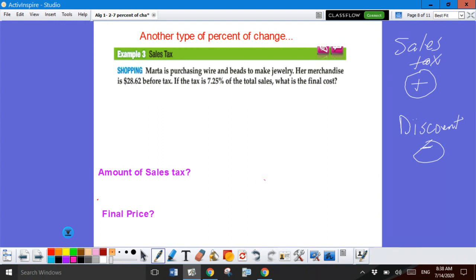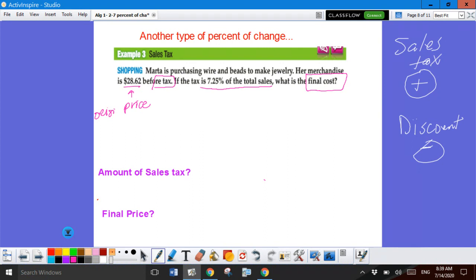All right, so let's go ahead and take a look at this problem. Marta is purchasing wire and beads to make jewelry. Her merchandise is $28.62 before tax. If the tax is 7.25% of the sales, what is the final cost? So this is a price, that's my original price.